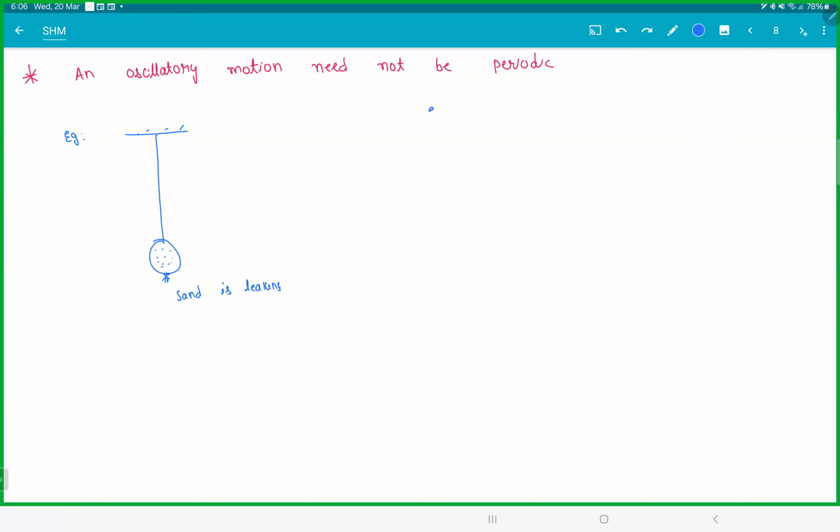Clear? Or you can have a pendulum with air resistance. Eventually it slows down and stops.